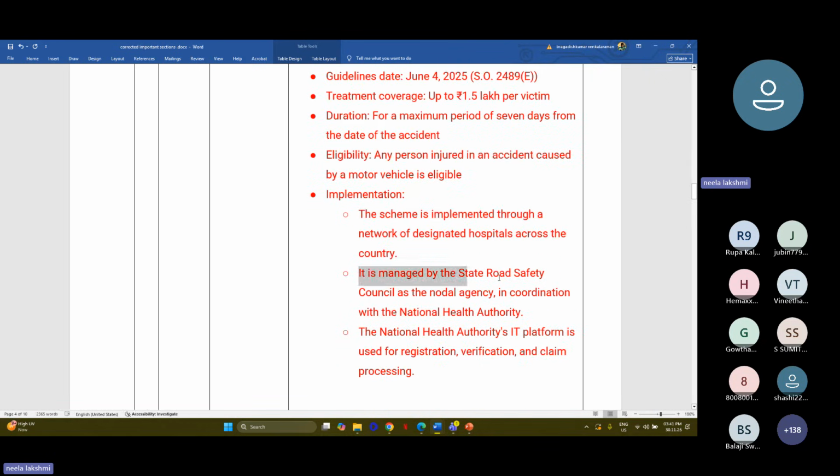It is managed by the State Road Safety Council as the nodal agency, in coordination with the National Highways Authority of India and the National Health Authority.